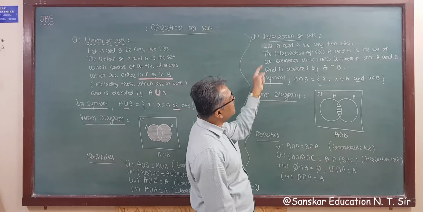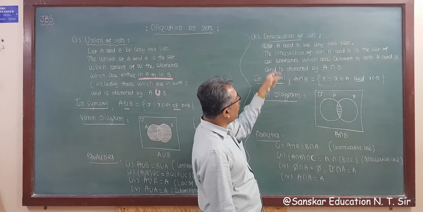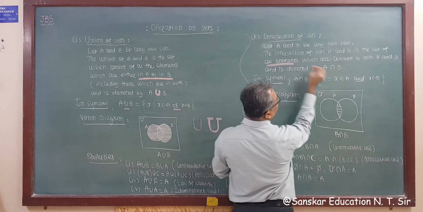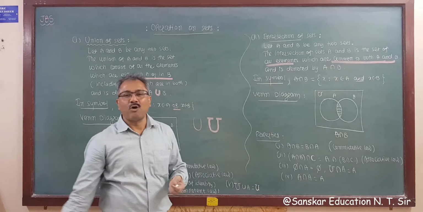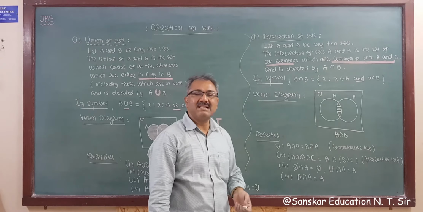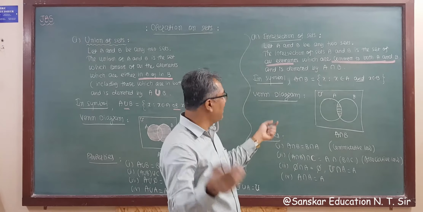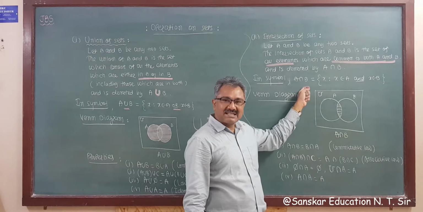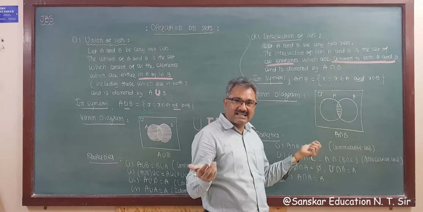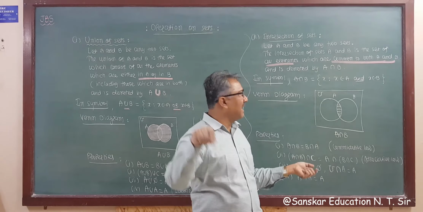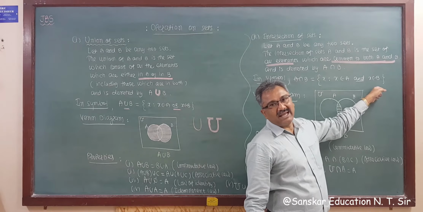The intersection of sets A and B is the set of all elements which are common to both A and B, denoted by A intersection B. So in symbols, A intersection B is equal to the set of x where x belongs to A and x belongs to B.